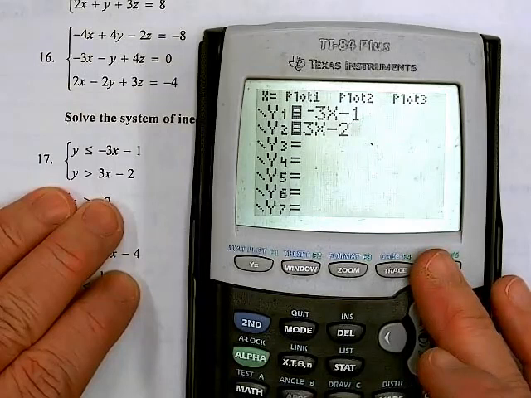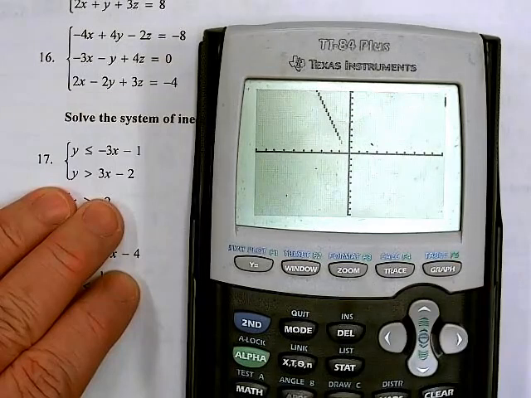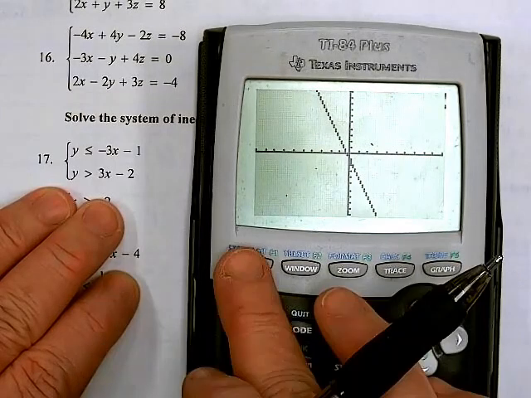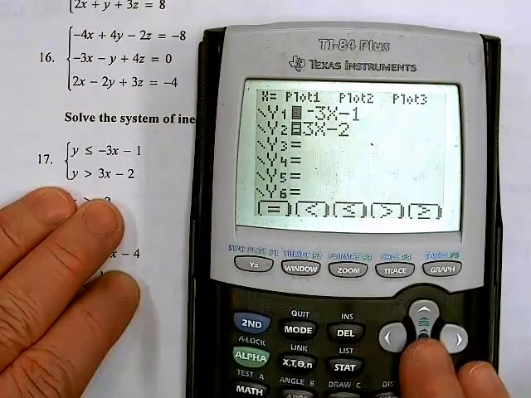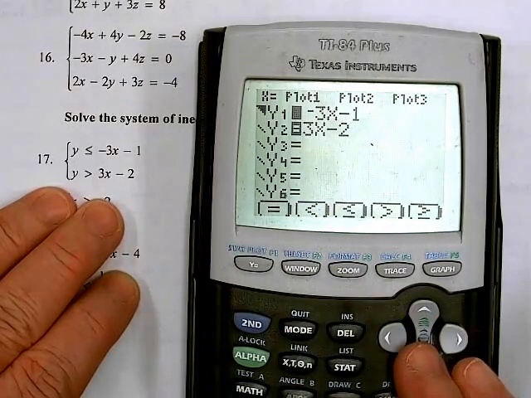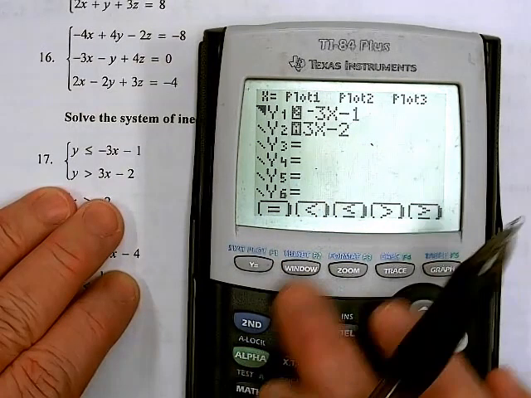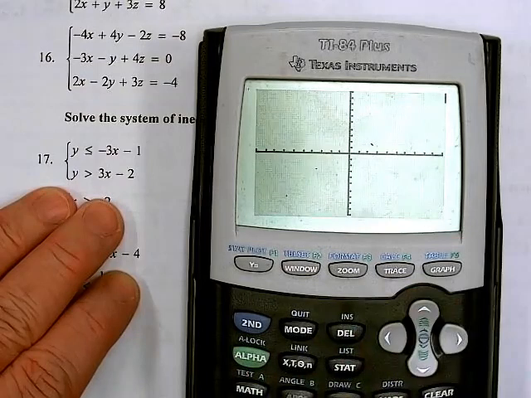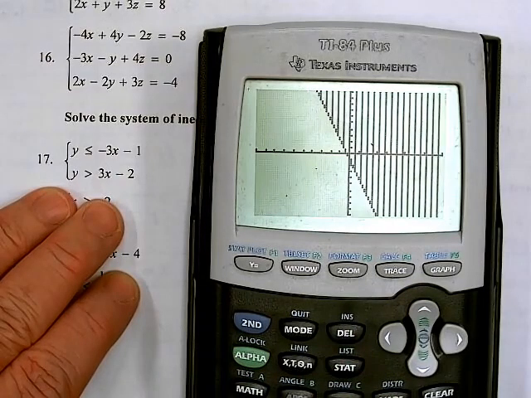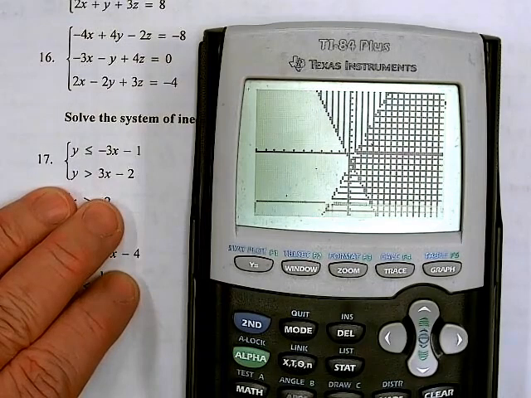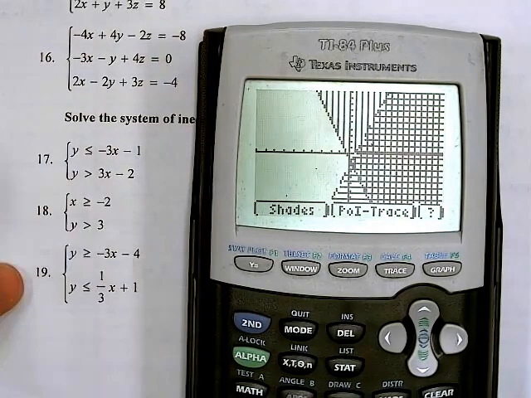And then when you graph, it'll automatically, well, that's the line. Now what you've got to do is go back and choose the right symbol. That symbol goes there. This symbol goes here. And then when you graph, it's going to shade it for you. And the answer to one of these problems is the part that's double shaded. Okay? And you can show me before I take my test. Okay.